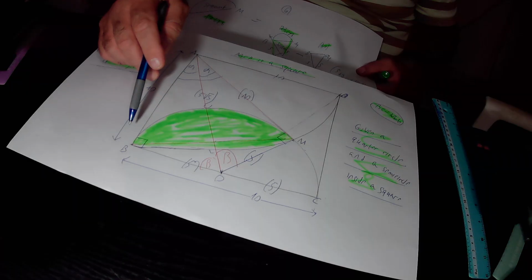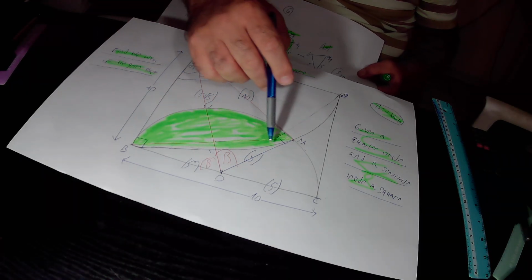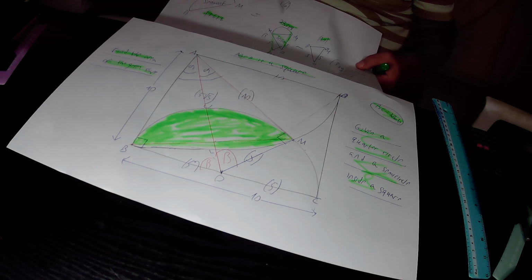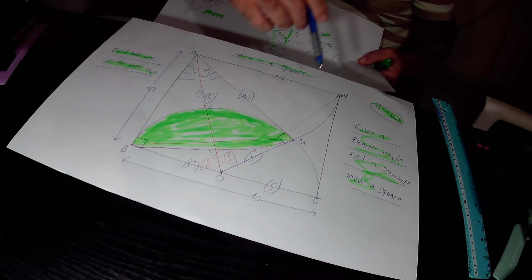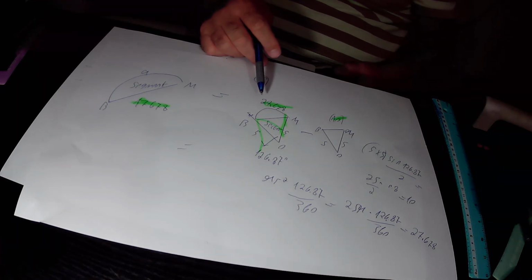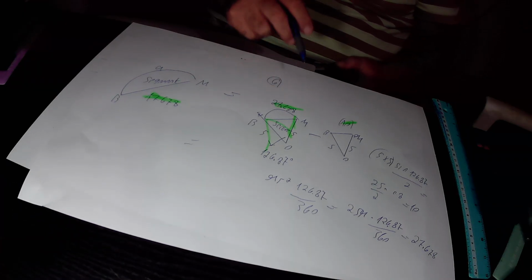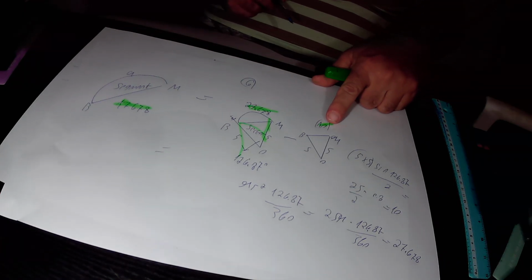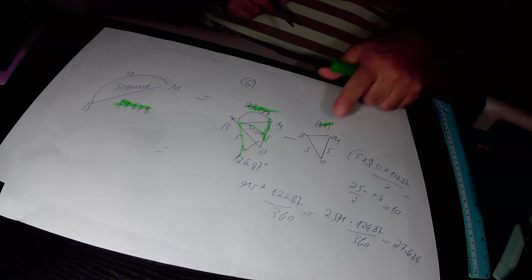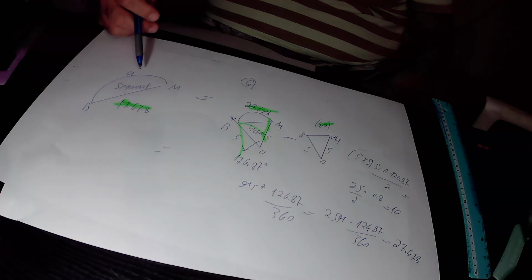Again, the area of sector BOM minus the area of this triangle BOM equals the area of the upper segment BUM.